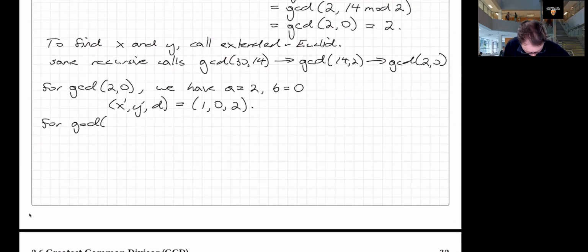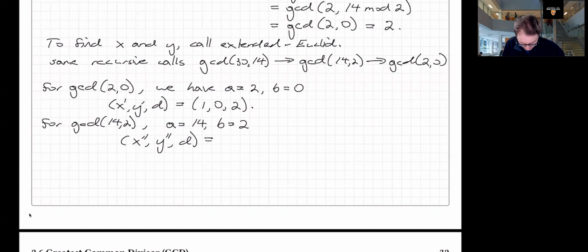Now, for the next level up, 14 and 2, we have now A is 14, B is 2, and I'll call it X double prime that gets calculated there, Y double prime, and D. That's going to be given by Y prime, X prime minus the floor of A over B, Y prime, and D. This is equal to, well, Y prime is 0.